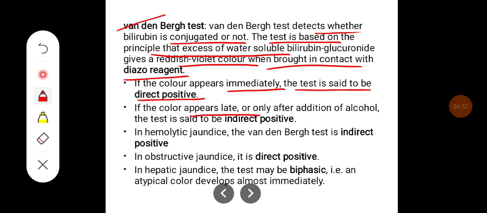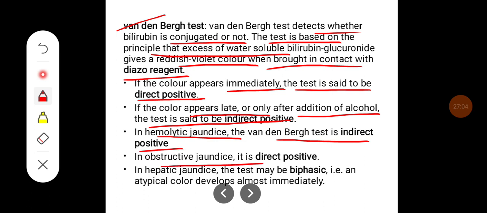If the color appears late or only after addition of alcohol, the test is said to be indirect positive. In hemolytic jaundice, the van den Bergh test is indirect positive. In obstructive jaundice, it is direct positive. In hepatic jaundice, the test may be biphasic, that is, an atypical color develops almost immediately.